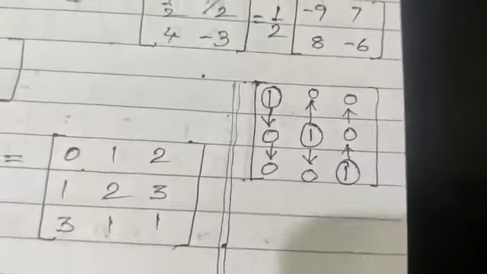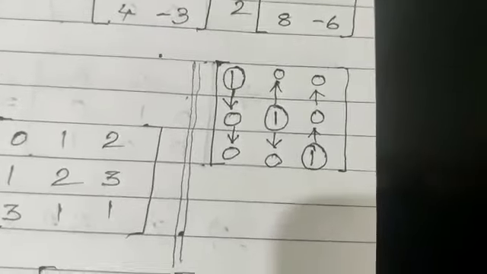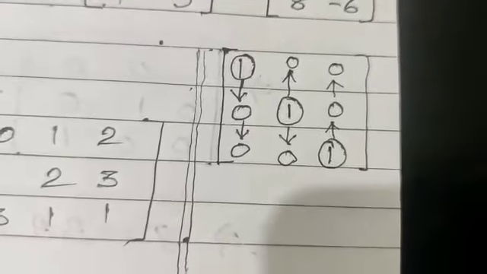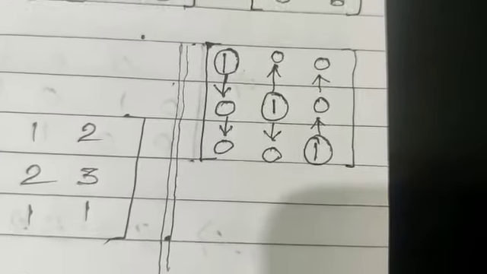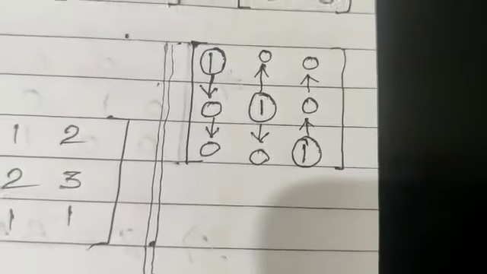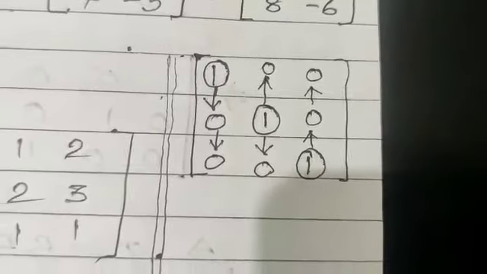Using that element, we will make the other two elements of the same column 0. Then the fifth step, the third column, we will make A33 1 using elementary operation, and using that third row, we will convert the other two elements of column 3 to 0, 0. So let's start.